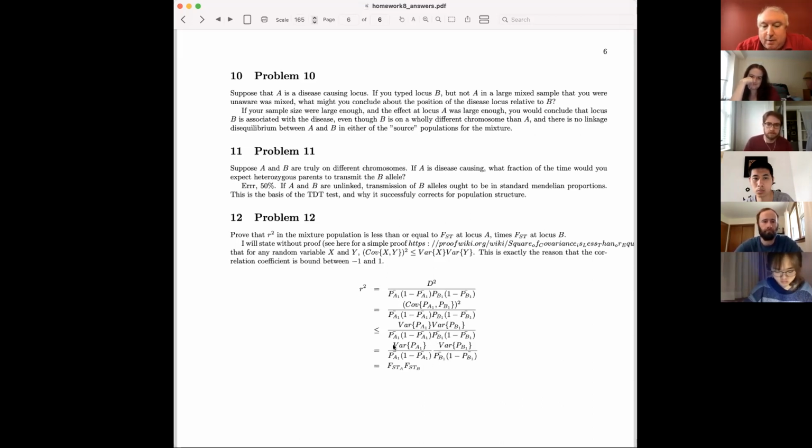My favorite definition of FST is the variance in allele frequencies between populations divided by the variance in the mixture. That's FSTA, that's FSTB. So r squared in the mixture population looks very much like FST at locus 1 times FST at locus 2.